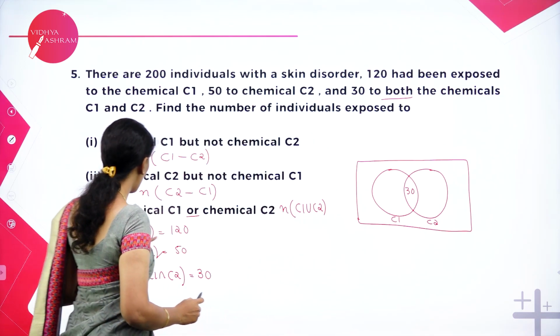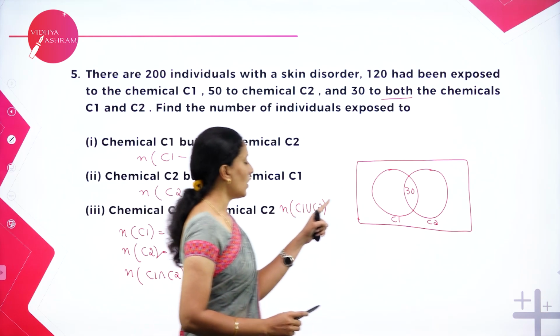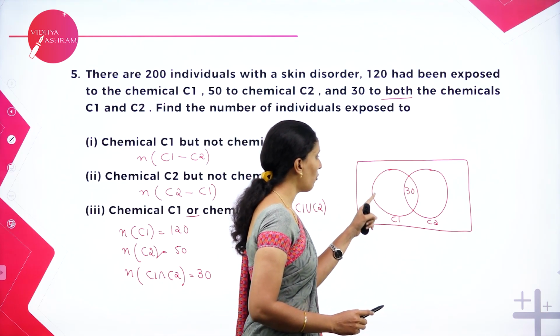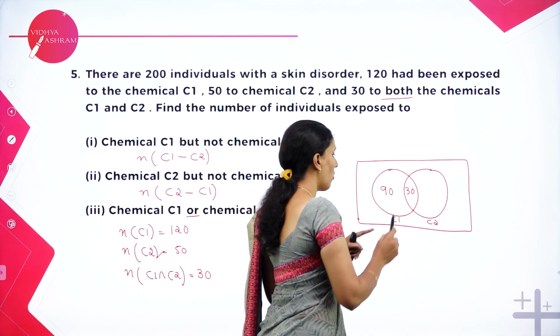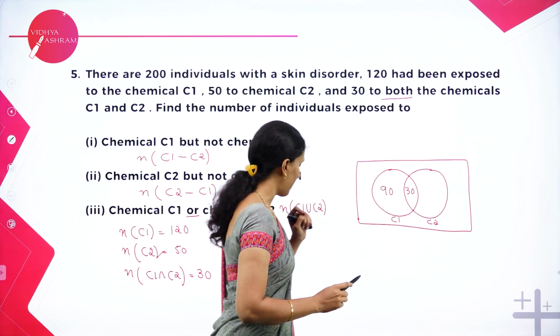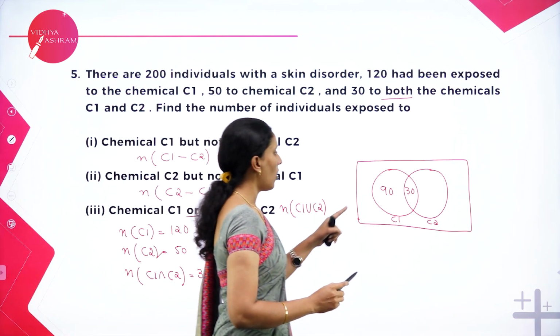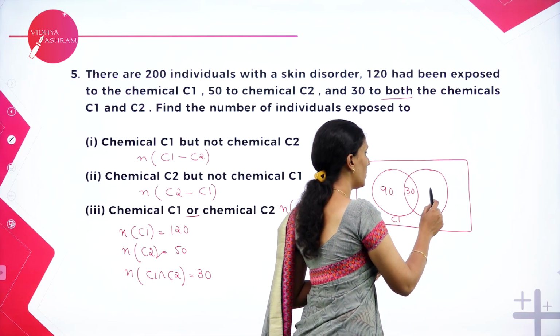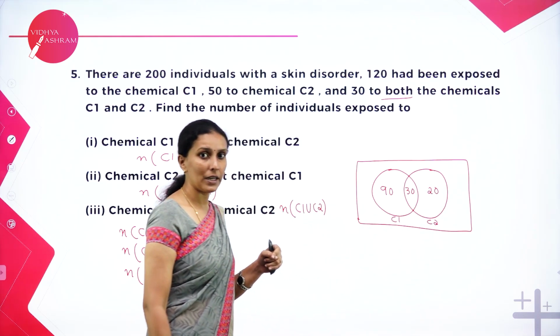How many people are exposed to chemical C1? 120 members. Out of 120, I have already written 30, so the remaining 90 people are exposed only to chemical C1. Next, chemical C2 has 50 members. Already 30 are written, so 20 are remaining.